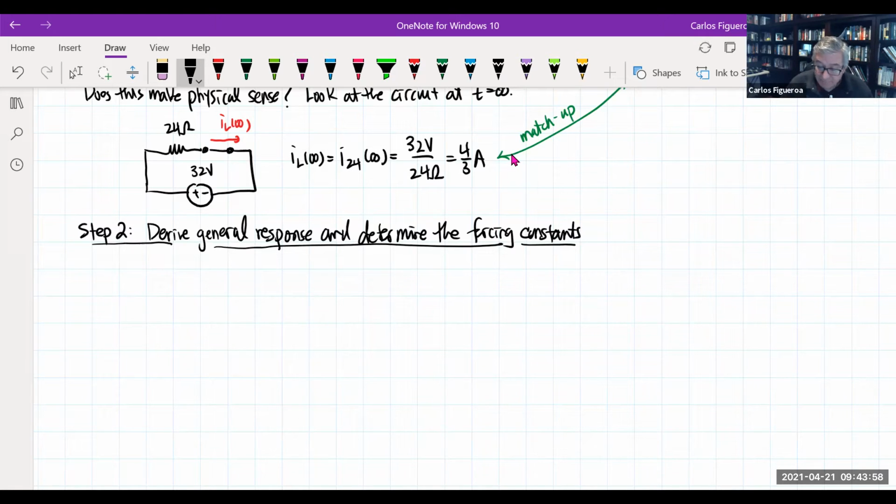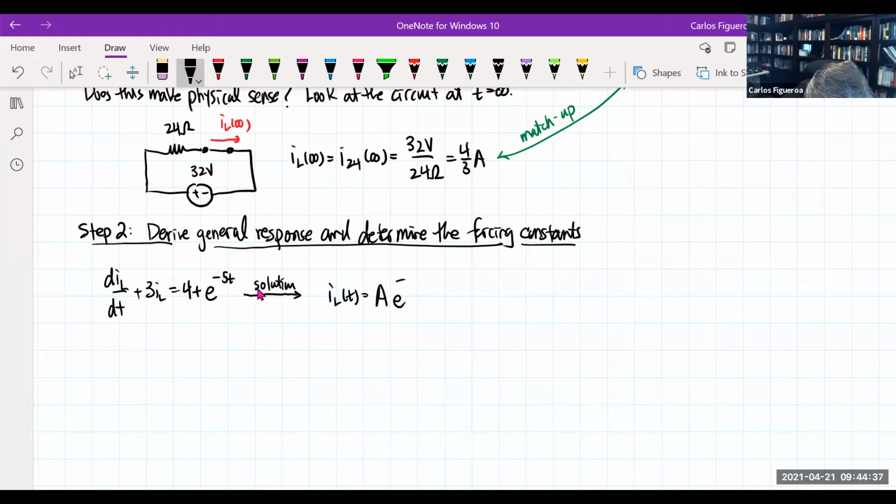So I look at my equation. Here's my equation. So my first order equation reads what? di dt plus 3iL equals 4 plus e to the minus 5t. So when I look at this, the first thing I want to do is look at the solution. My general response solution should be of the form IL of t is going to be A e to the minus t over tau plus, look at this guy here.